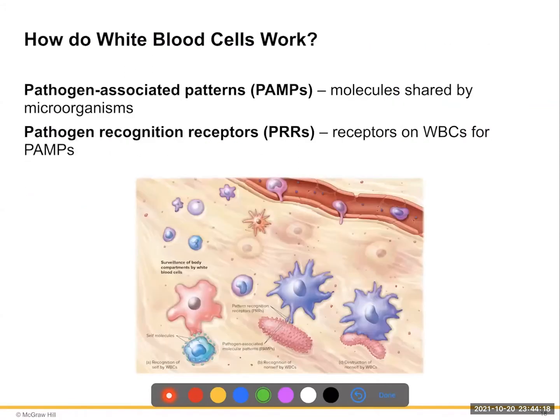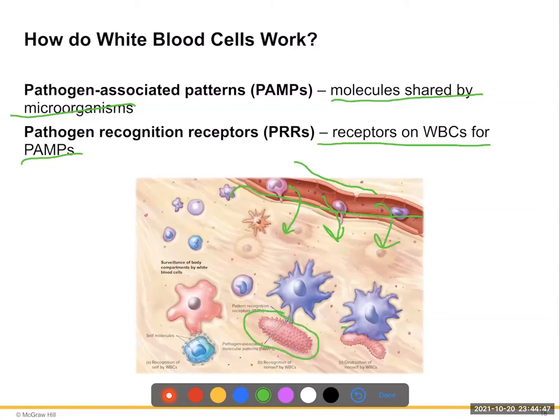Okay, so how do these white blood cells work? Remember, the pathogen-associated patterns are molecules shared by microorganisms, and the PRRs are receptors on the white blood cells for the PAMPs. So if you look at this, this is your bloodstream here. White blood cells can exit the bloodstream and get into the area where the pathogens are. These are the bacteria right here. These are your pathogens.